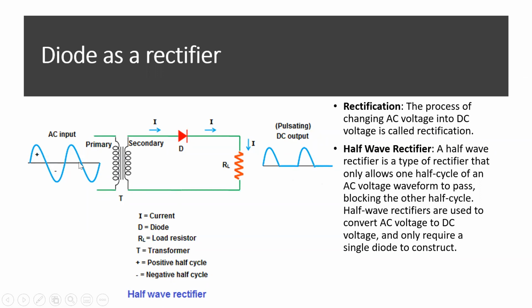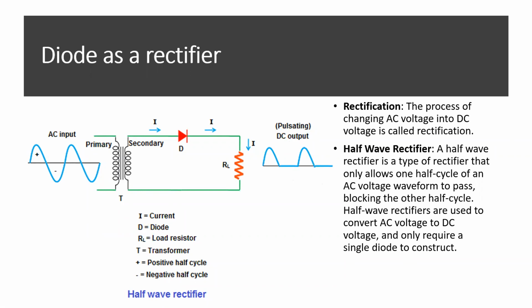Usually, the supply AC voltage has a frequency of 50 hertz, which means in 1 second it changes its direction 50 times. So in 1 second there will be 50 positive half cycles and 50 negative half cycles. Here you can see in this figure, this is AC. AC means alternating current.